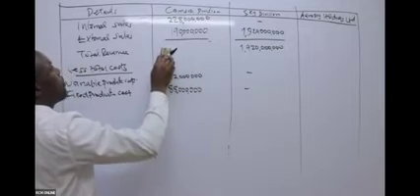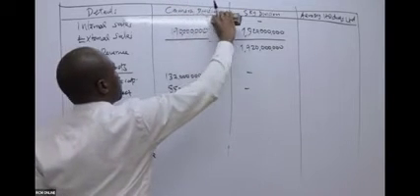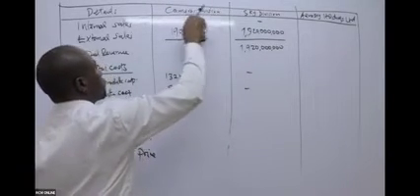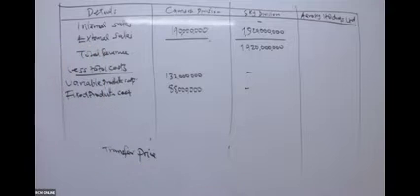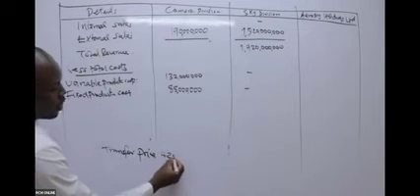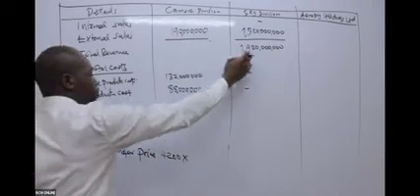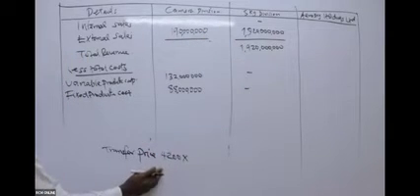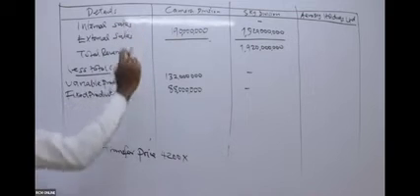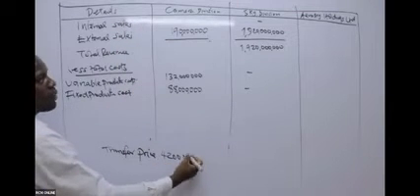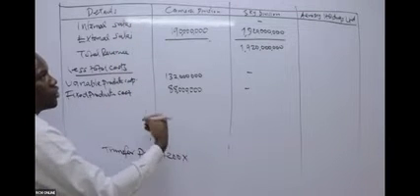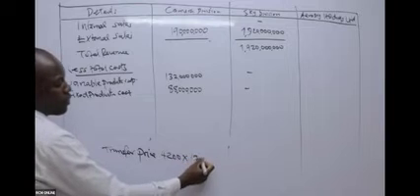Are you able to remember our transfer price? Our transfer price was equivalent to 4,200. So they are going to make internal sales to Sky Division at the transfer price, not at the market price. So this transfer price, we multiply by the units that were sold to Sky Division, which is 12,000.